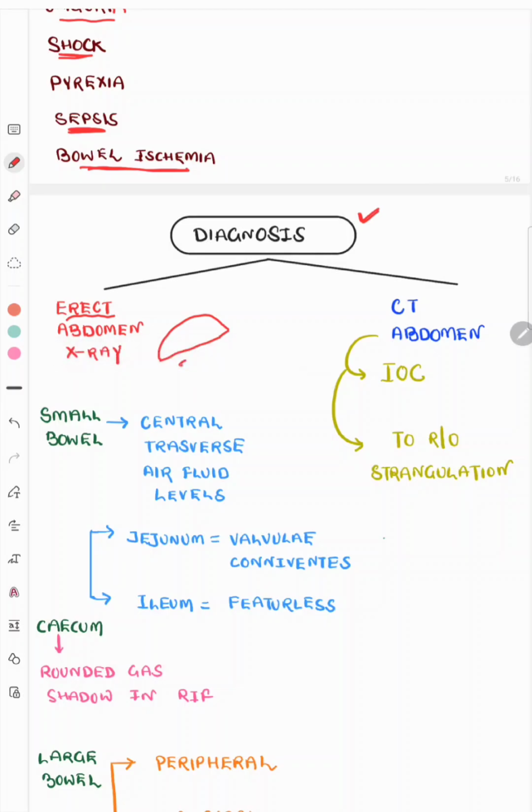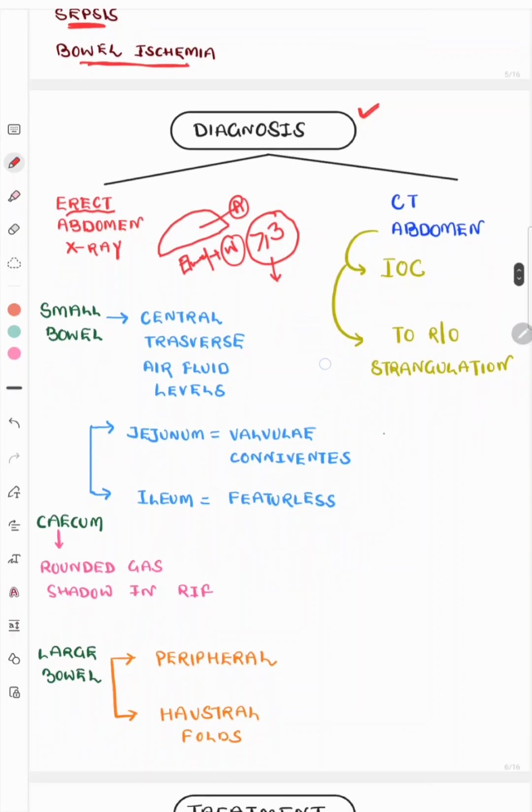Here is the fluid, white in color, and air, black. So this air fluid level will be present in the abdominal X-ray. If there are greater than 3, then you can say the patient has intestinal obstruction.